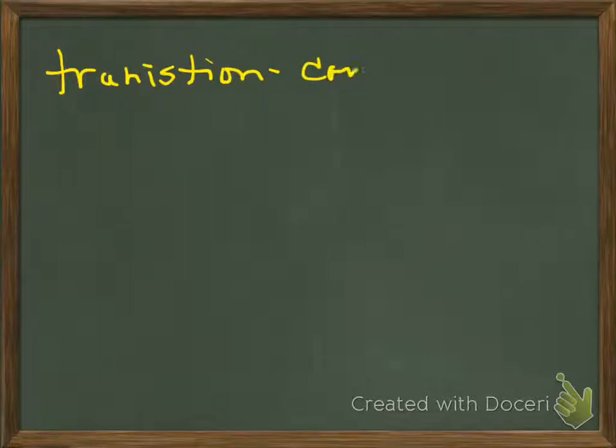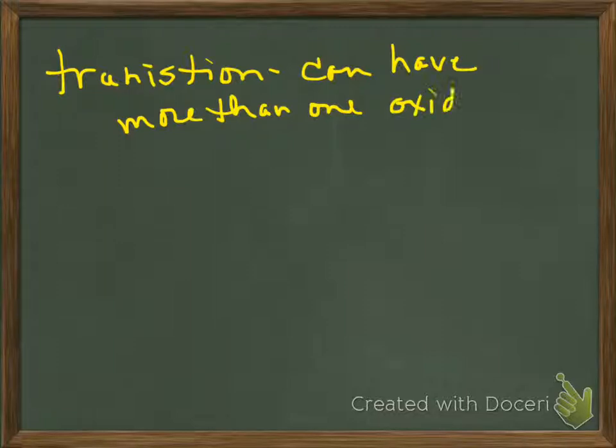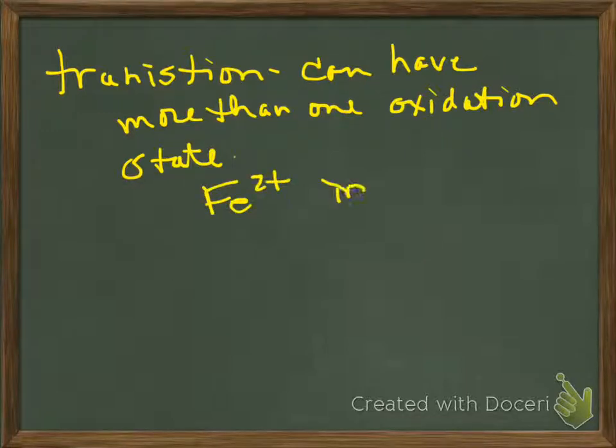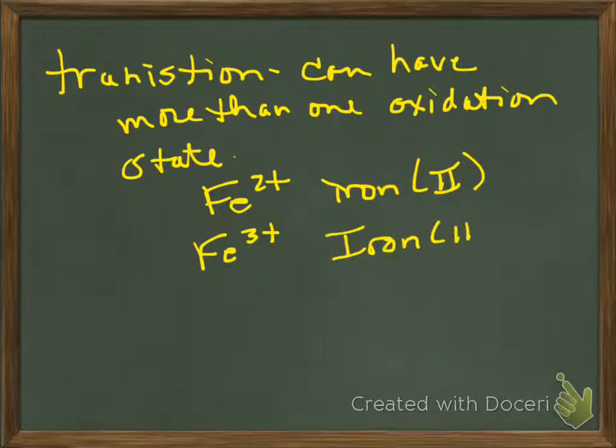Okay, transition metals. Remember, these can have more than one stable oxidation state. So for iron 2, we would call this iron 2. You might also have an iron 3, where you need to use Roman numerals to signify the charge on the ion.